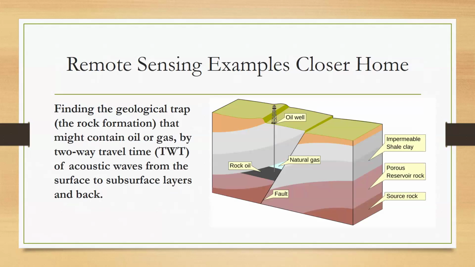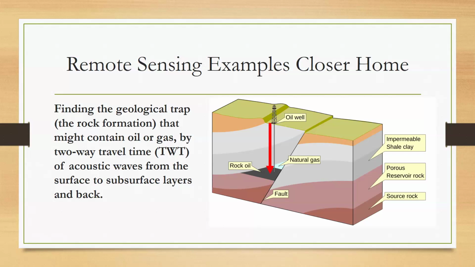If we come down to Earth, we also apply ideas of remote sensing, especially when finding geological traps, that is, rock formations deep in the ground. We don't want to dig into the ground to make contact, so we use sounding techniques where we send down waves and receive them back on the surface.